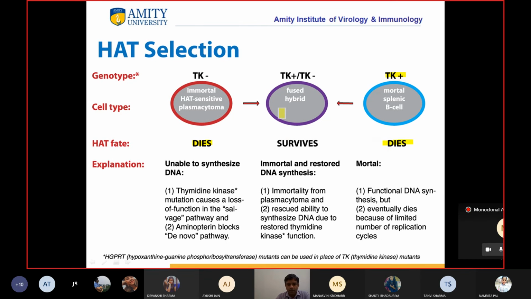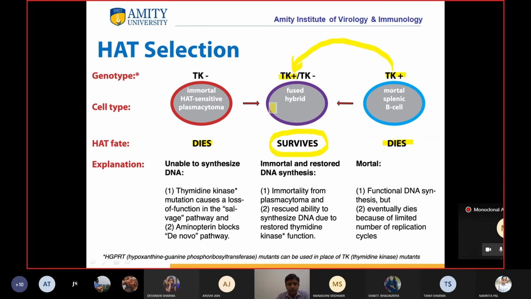But the hybrid of these two cells will survive because this B cell is providing the thymidine kinase gene to this fused cell. So you can see here it has become TK plus, and this TK gene has come from the B cell.